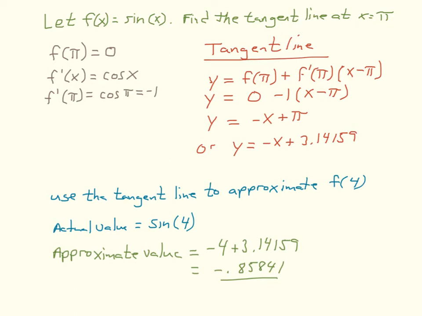But if I use the tangent line to approximate it, realizing that our tangent line was the opposite of x plus pi, I'm going to get the opposite of 4 plus 3.14159, which comes out to be equal to negative 0.85841. So I would say that the sine of 4 is about equal to negative 0.85841.